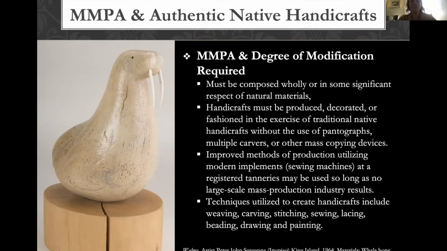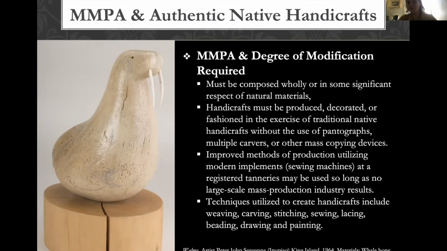Then the handicraft must be produced, decorated, and fashioned in the exercise of traditional native handicrafts without the use of commercial multiple carvers or mass copying devices. Improved methods of production utilizing modern implements such as sewing machines can actually be utilized, but that's more for registered tanneries, so long as no large-scale mass production in the industry is occurring.